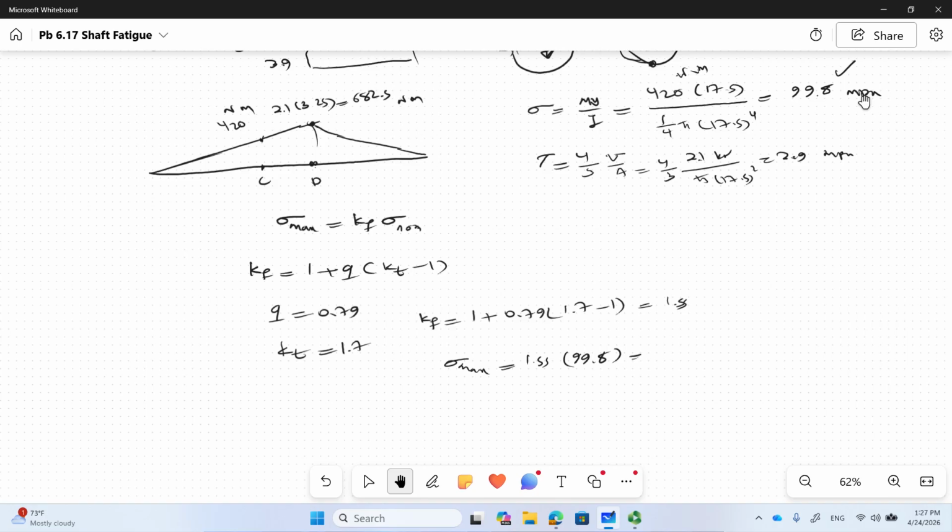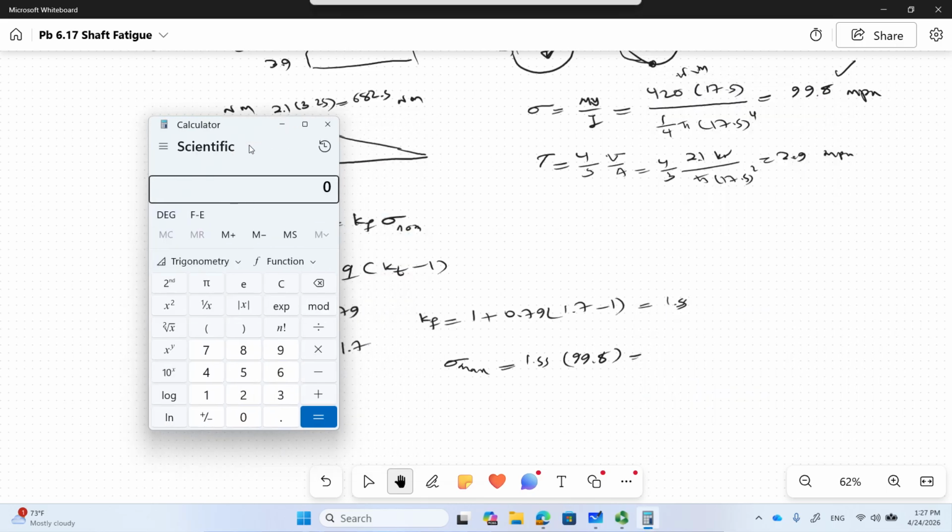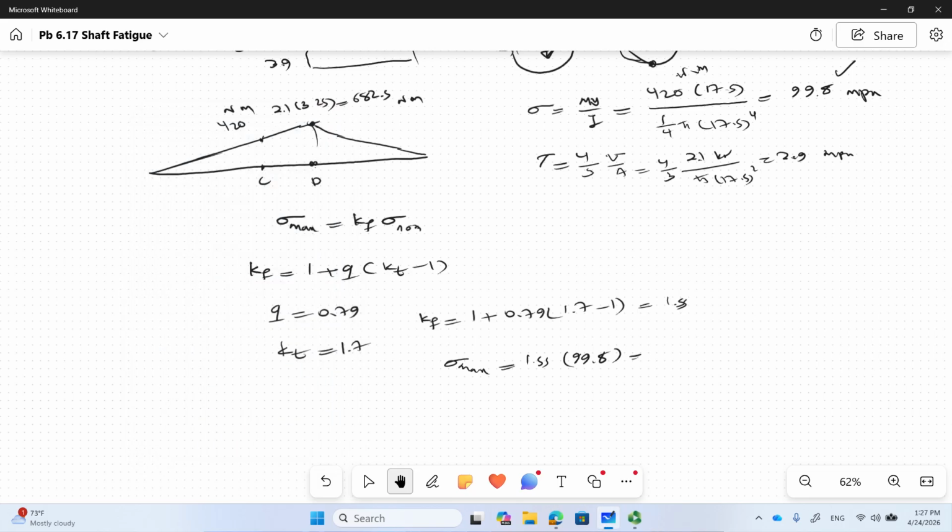I have it in my paper. Yeah, I found it's going to be 150 something. Okay, let's calculate it. 1.55 times 99.8 is 155. Okay, 155. This is my stress.